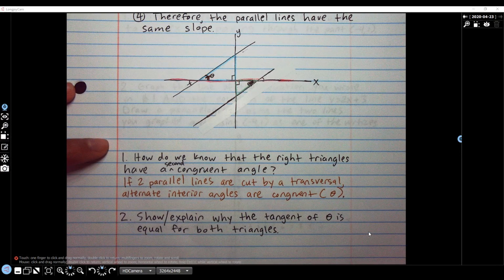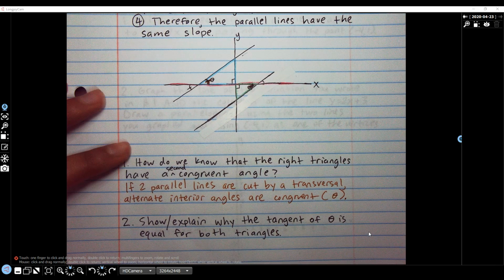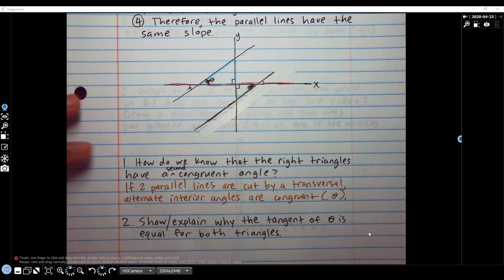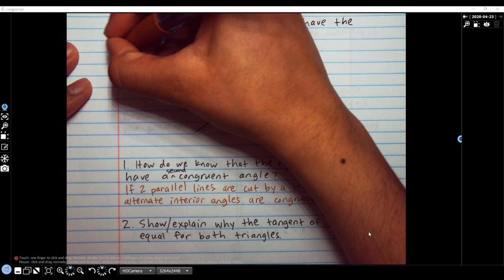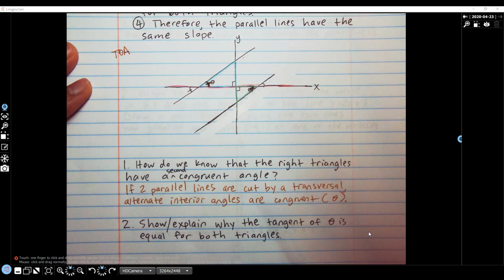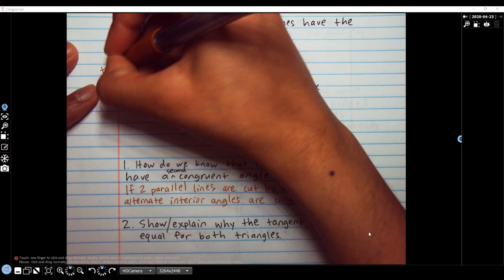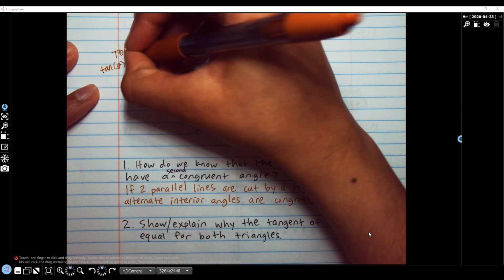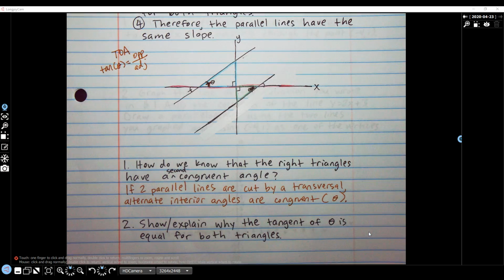So let's first step back and think about what the ratio of tangent means, right? So if you guys remember the SOHCAHTOA, right, I'll write like TOA here on the side. Our tangent ratio is the ratio of our opposite side length to our adjacent side length. Okay, so I am going to label these on our figure here.